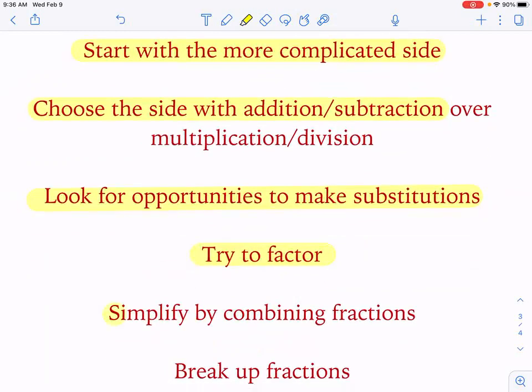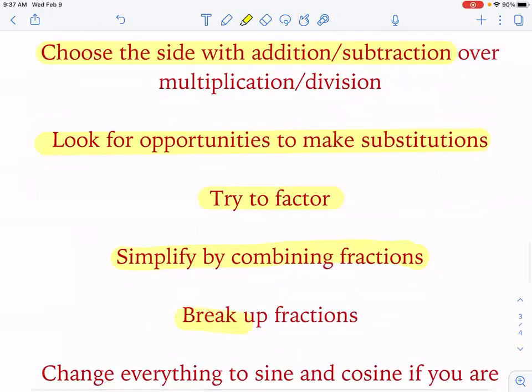If fractions have a common denominator, you can add them together, and that helps you to condense one side, okay? Or there's even the other way where if you have more than one term in the numerator, it could be a possibility to break up the fraction into this plus this, okay? Now, I would not use both of those in the same problem.